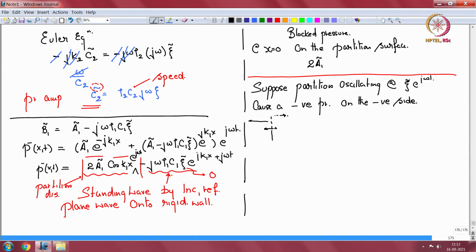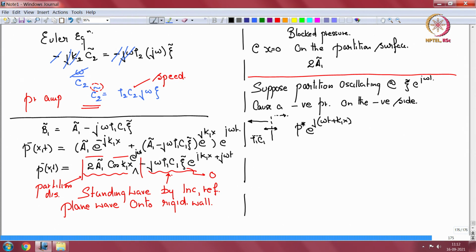So this oscillating partition, because there is a medium rho 1 C1 here, will cause a pressure to go leftward. Suppose that is P star e to the power j omega t plus k1x.